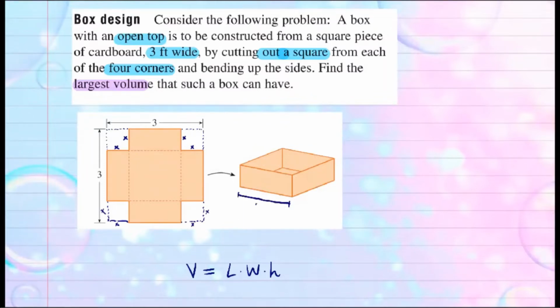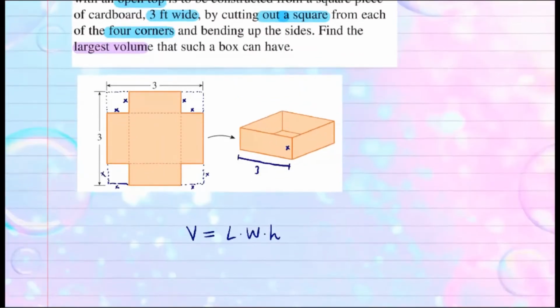So this is 3, and then we're cutting off the edges, and the height is going to be some x, which we don't know. So if you just focus on the pieces on the left side, we need to find what is the length, what is the width, what is the height. Well, height we know, that's x, and we need to figure out the length and the width.